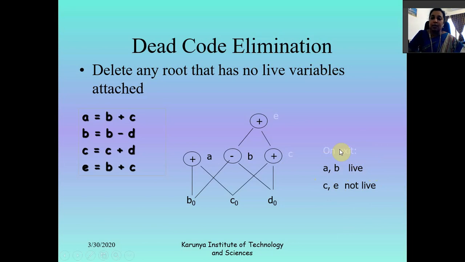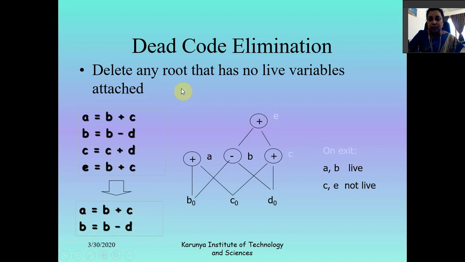So now what happens if C and E don't live, which means C and E will not be used in any further instructions. In that case, these two statements, calculating the value of C and calculating the value of D, are not necessary, and therefore it comes down only to the first two instructions, deleting these two instructions. So that is what happens here.